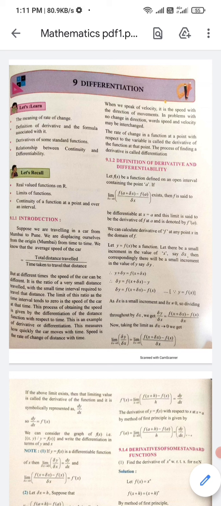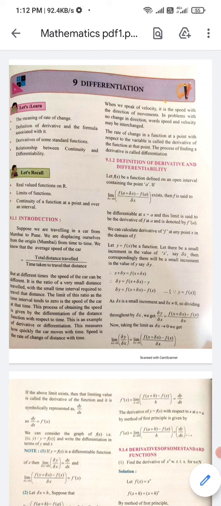So here is a note that we have to listen to. If y is equal to f of x is a differentiable function of x, then limit delta x tends to 0, delta y upon delta x is equal to dy by dx, and limit delta x tends to 0, f of x plus delta x minus f of x upon delta x is equal to f dash x. Let delta x is equal to h.